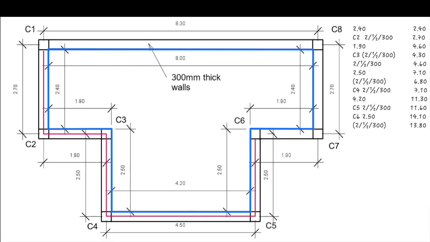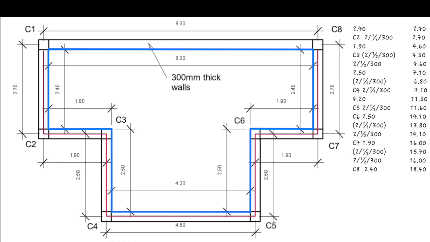We now need to go round the corner, so we add 2 by 1/2 by 300 to get to the right-hand side of C6. From here, we head for the left side of C7 by adding 1.9 meters less 2 by 1/2 by 300 and adding back 2 by 1/2 by 300 as we go round the corner. From the top edge of C7 to the bottom edge of C8, we add 2.4 meters.